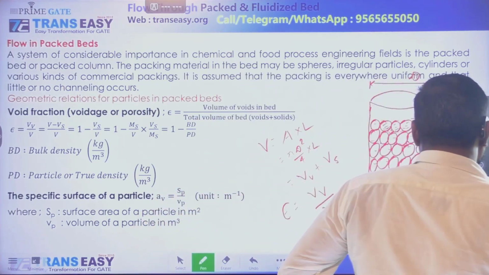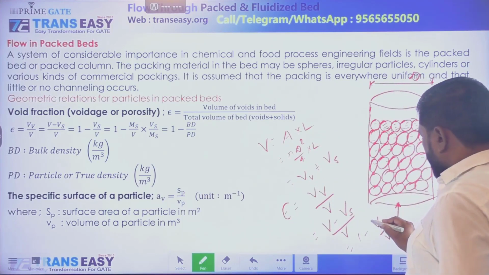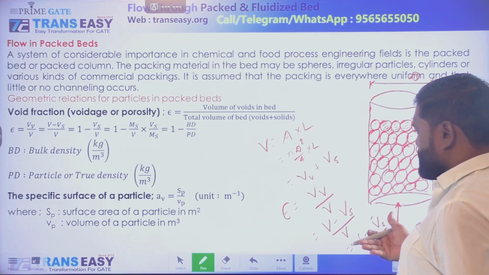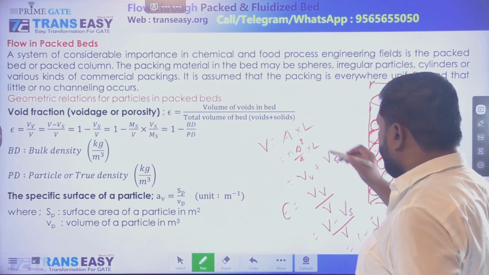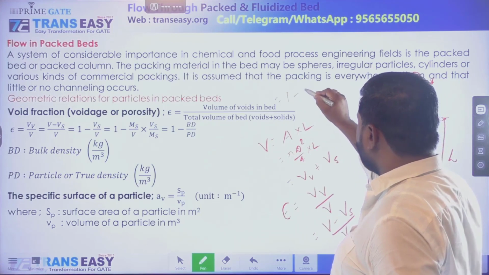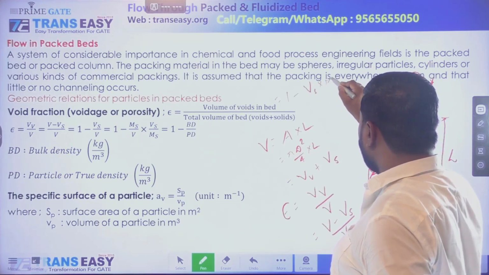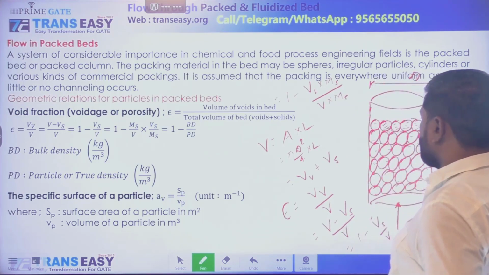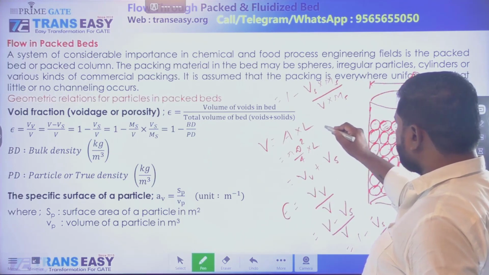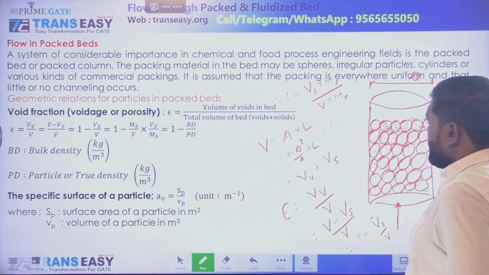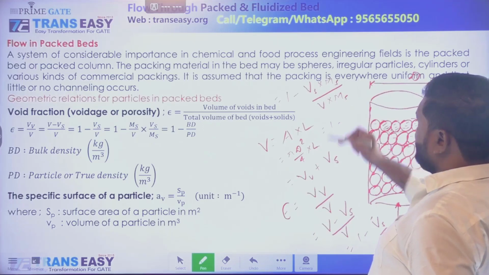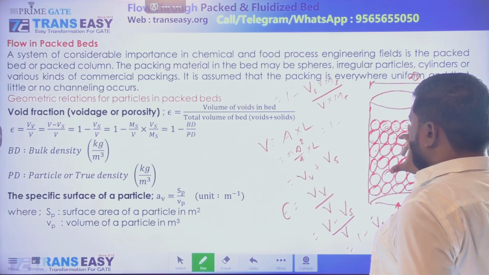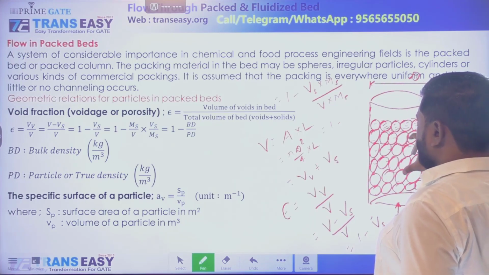So multiply numerator and denominator of this term by the mass of the solid particles kept in this bed: 1 minus Vs into Ms upon V into Ms. Ms is the mass of the solid particles. 1 minus Ms upon V. Total mass of packed bed is due to mass of the solid particles.